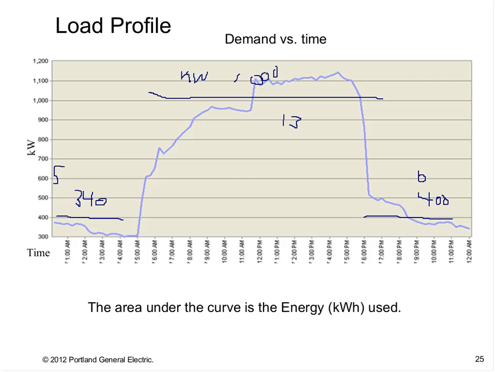So adding it all up, you'd have 1,700 kilowatt hours plus 13,000 kilowatt hours plus 2,400 kilowatt hours equals 17,100 kilowatt hours, or 17.1 megawatt hours. Software tools typically calculate this total kWh area under the curve, but like I said, I just wanted to give you an idea of the relation from kW to kWh, and its balance over time.